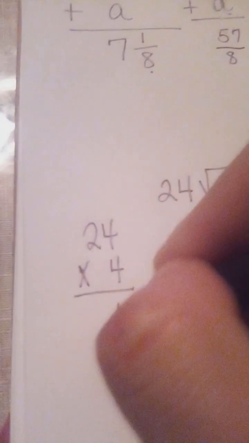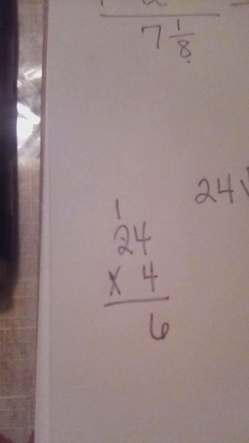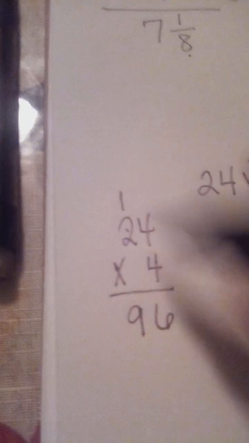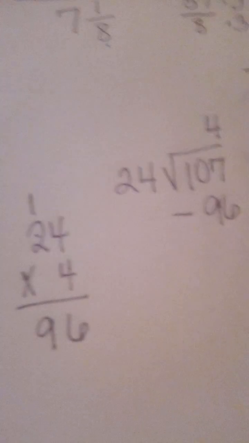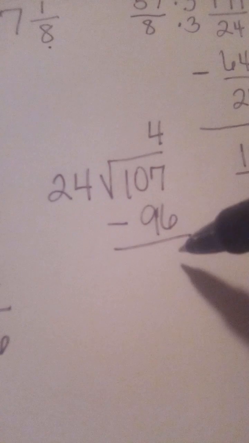4 times 4 gives us 16. We carry the 1. 2 times 4 gives us 8. Add 1 more is 9. So 24 times 4 is 96. That's close. And don't forget to put the 4 as the whole number. Now, what is 107 minus 96? 11, right?